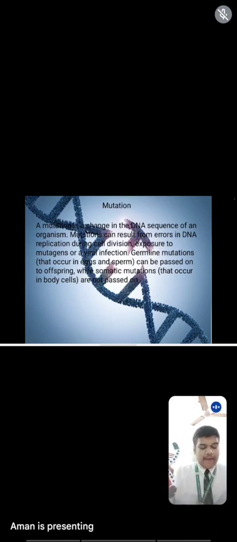Mutations can result from errors in DNA replication during cell division, exposure to mutagens, and viral infections. Germline mutations that occur in eggs and sperm can be passed on to offspring, while somatic mutations that occur in the body cells are not passed on.